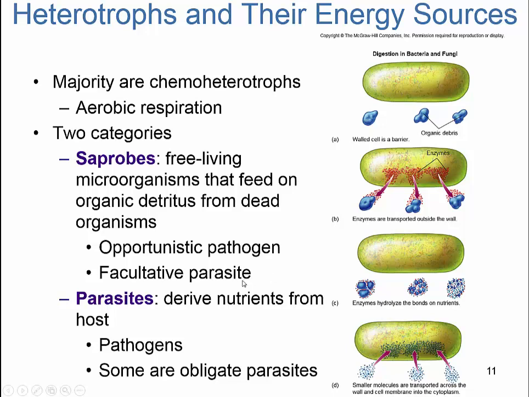Facultative parasites mean that the parasitic microbe is not always parasitic. Anytime we have the term facultative before a word, that means that this microbe is not always parasitic but can become parasitic. Distinct parasites are almost always pathogens, and they are obligate.